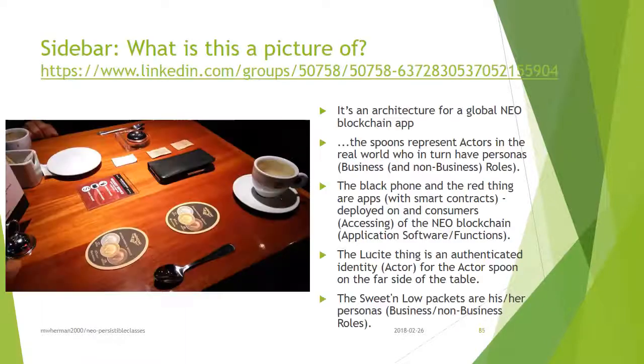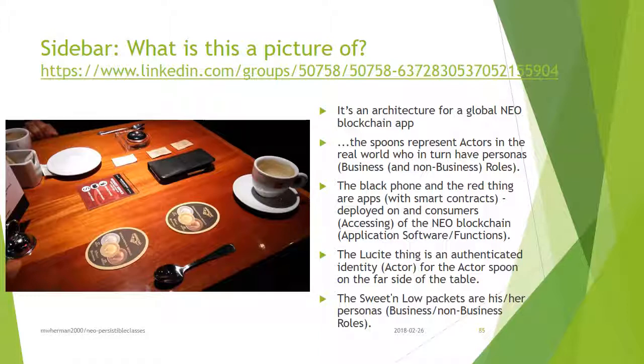Okay, so just in summarizing, we'll do one last sidebar. This was an interesting lunch the other day, actually. So what is this a picture of? Well, it's actually an architecture for a global Neo blockchain app. The spoons represent actors. The beer coasters represent personas that they might have on the blockchain.